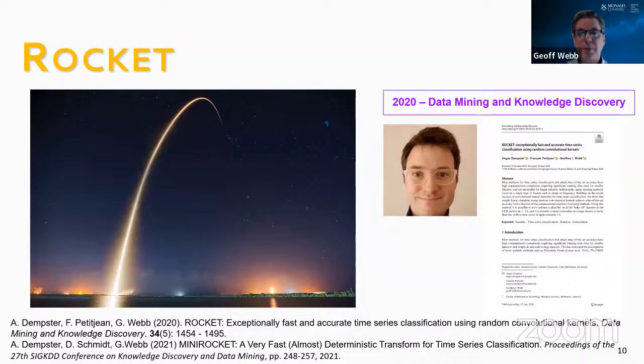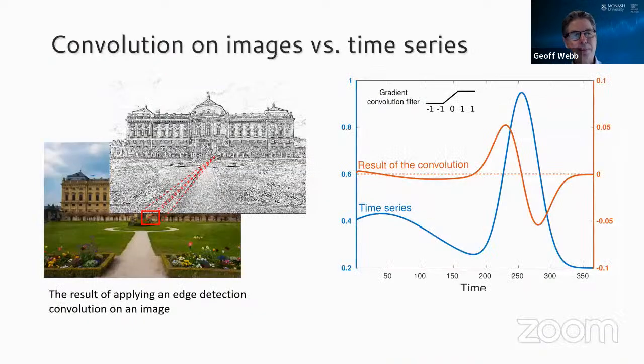Rocket is the PhD work of Angus Dempster. Three papers have been published now. The first one in 2020 on the initial system Rocket, a 2021 paper on MiniRocket, and I'll also talk about some further development, the system we call MultiRocket.